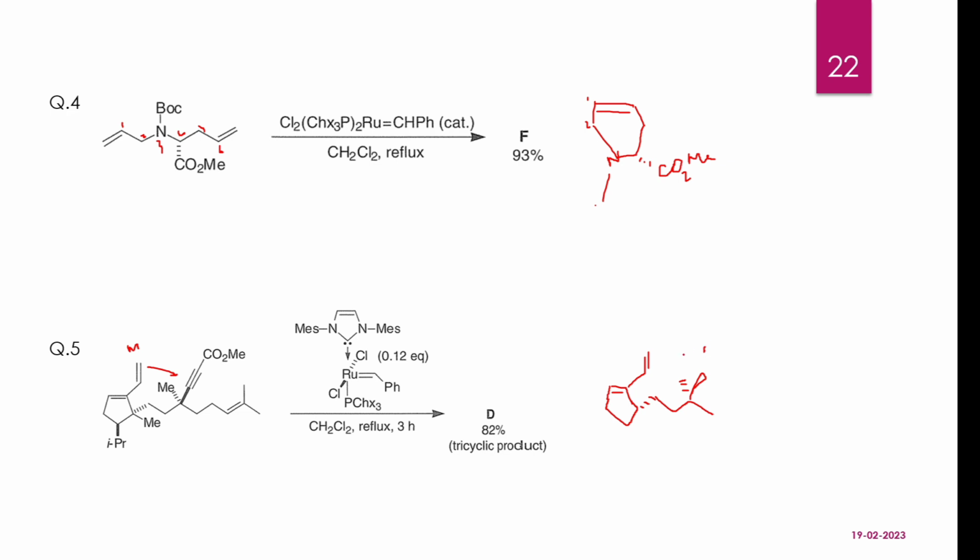So what will be happening here? So first, the metal carbene complex will form, and that will add up to this triple bond. That will add up to this triple bond.